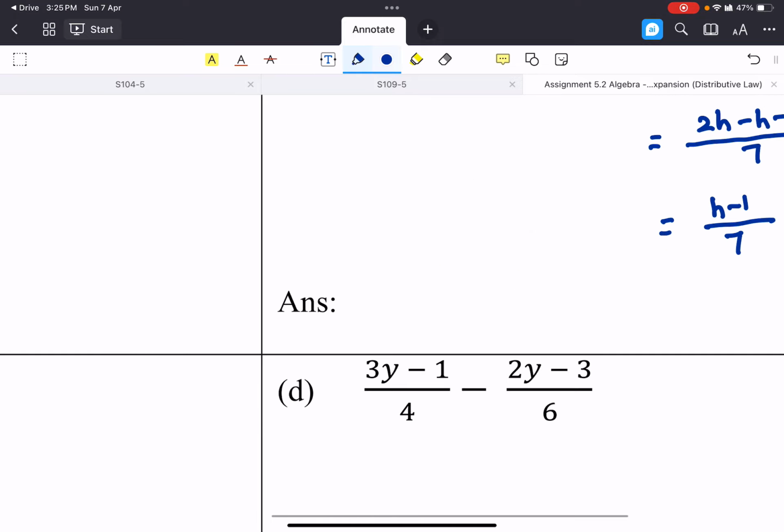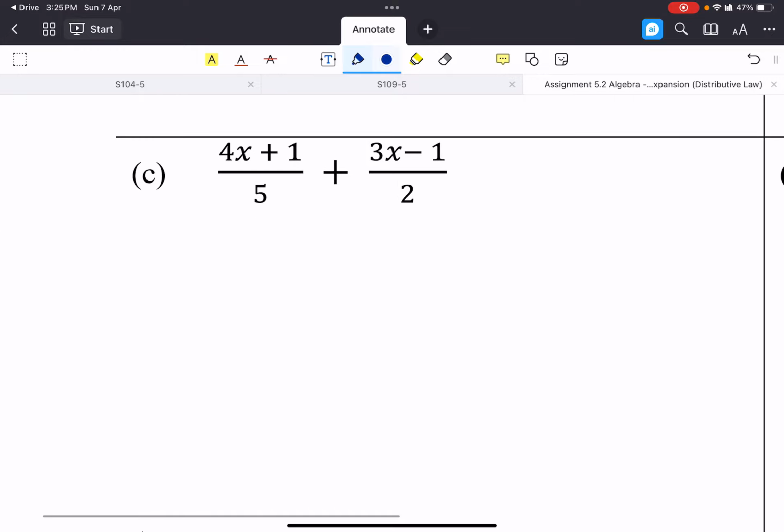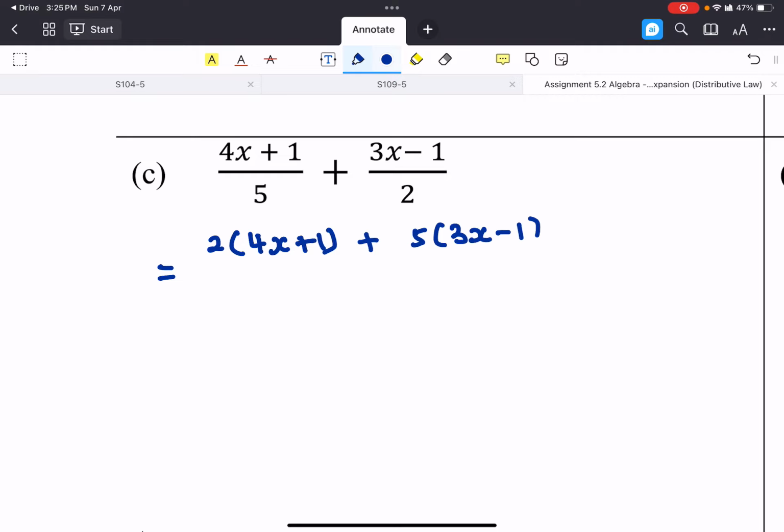Okay. Next one, we have this situation. So once again, make the denominator common. Okay, so in this case, I can make the denominator 10. So what do we have here? We have 2 times 4x plus 1, right? Plus 5 times 3x minus 1 over 10.